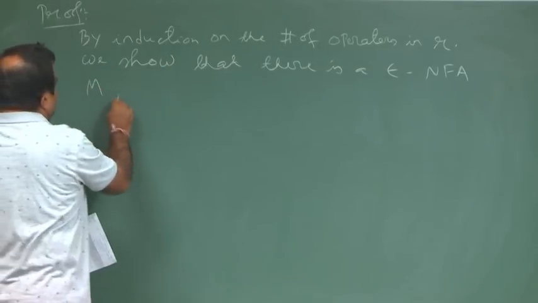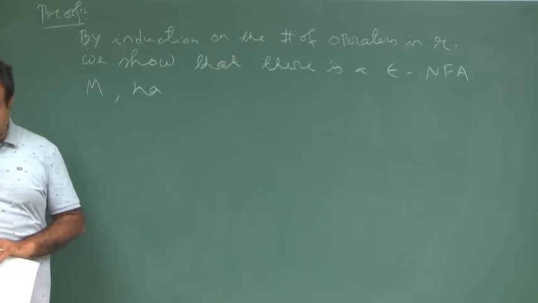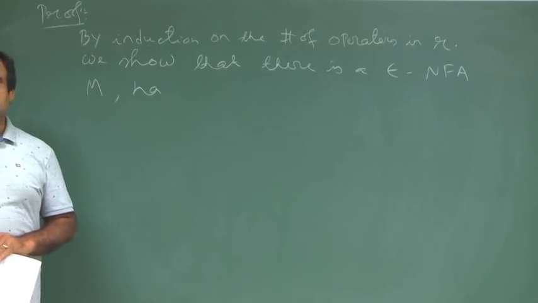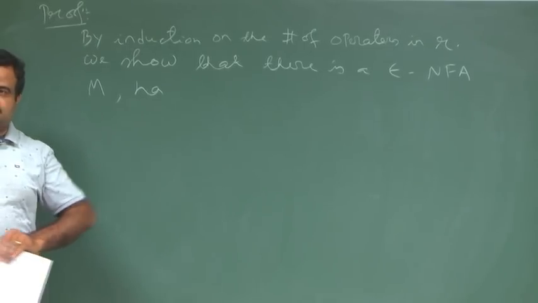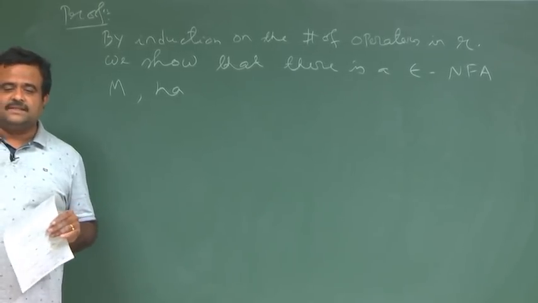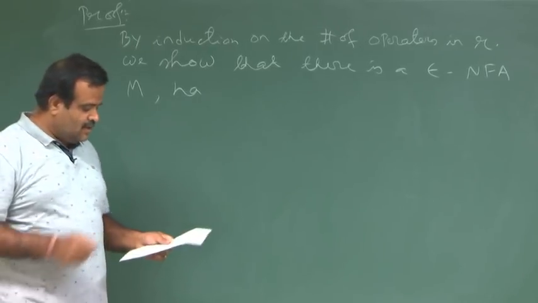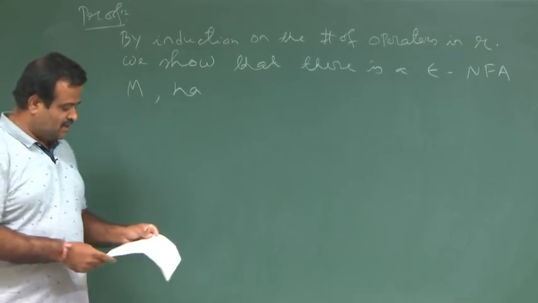M. We are restricting this NFA to some extent. This M has only one final state, and there is no move from the final state to any other state. So, that restriction is there.